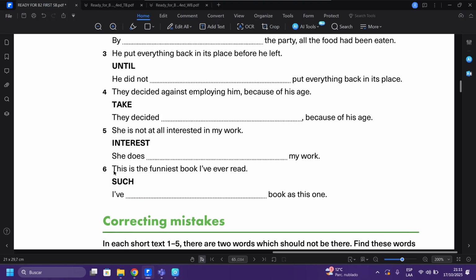They decided not to take him on because of his age.